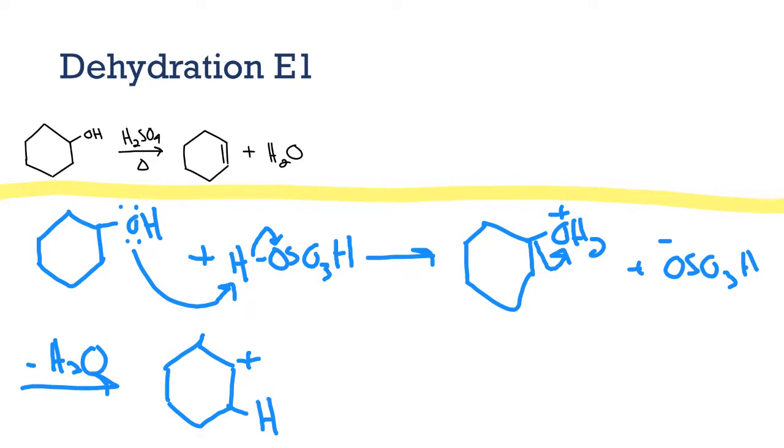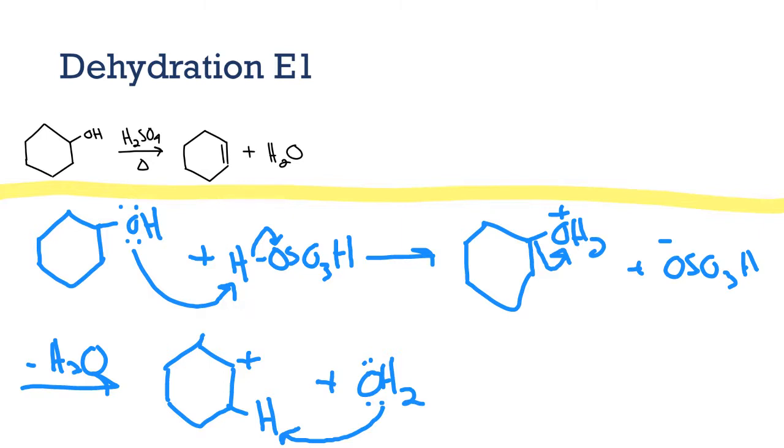Okay, so in E1 reactions, or dehydration reactions at least, you can actually use water to take that hydrogen, since you don't need as strong of a base for E1 reactions. So this water can take that hydrogen off.